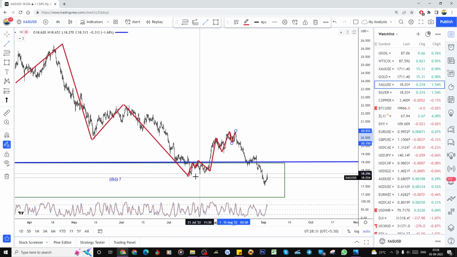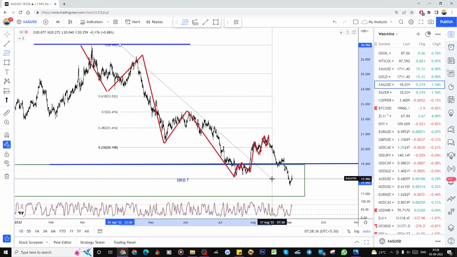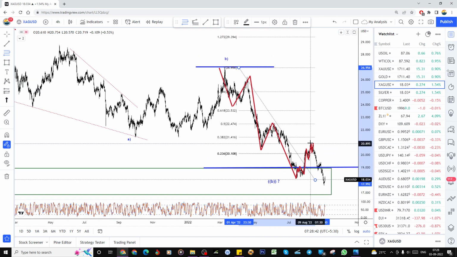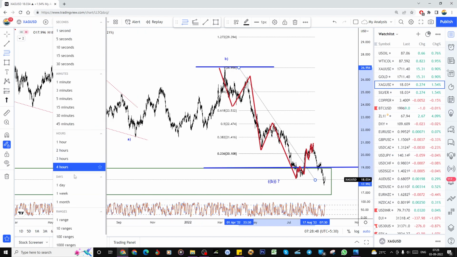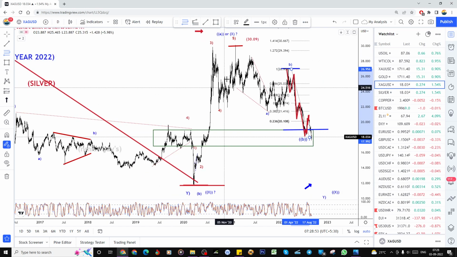So anyway, if this is the 1, and I already explained that this is at 23.6. So whether this is going to be 1 2 3 continuously, or this is an A B C, that is what I have mentioned here, whether the B is completed here, right?